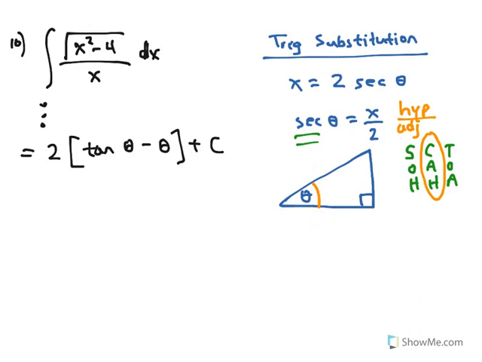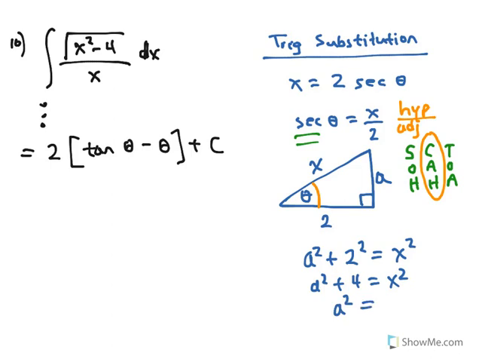So we have hypotenuse over adjacent. Then we're going to find the length of the missing leg. We have a squared plus b squared is equal to c squared. So we have a squared plus 4 is equal to x squared, and a squared is equal to x squared minus 4. So a is equal to the square root of x squared minus 4.